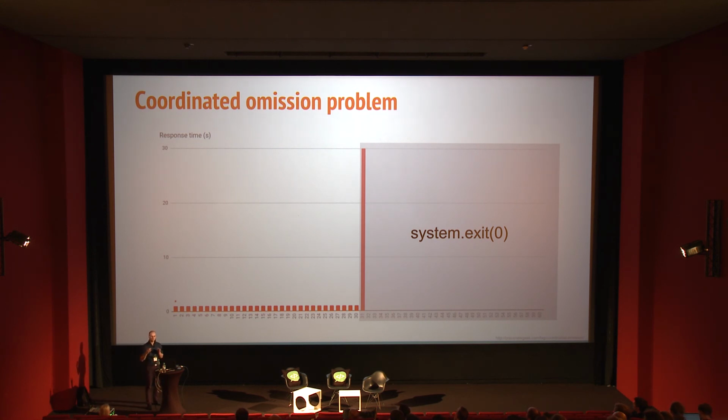Why? To simulate a very long GC pause or some problems with the application under heavy load. So we will not get a response for this request. And usually, because there are 30 seconds left to the end of the test, test tools will assume that this request took 30 seconds and ended with some error.